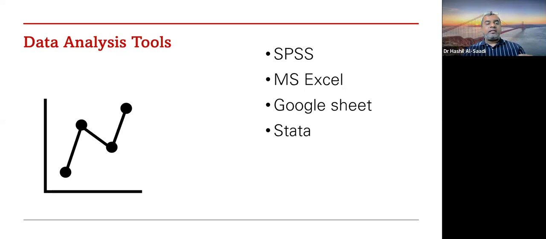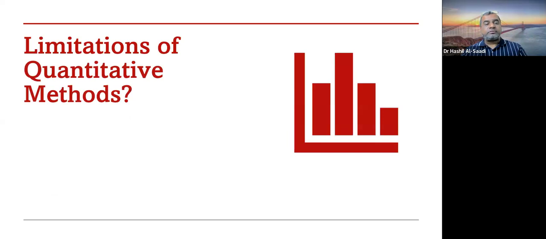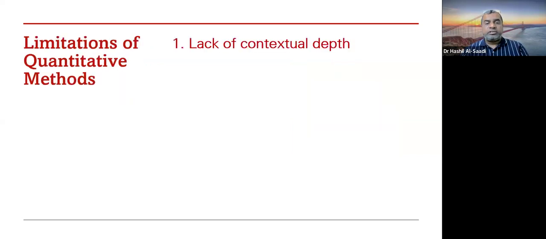So this is how we analyze our data, using the two types of statistics, and also these are some of the tools that you can use. There are many other tools, of course, but these are some of the limitations that I think quantitative methods have.